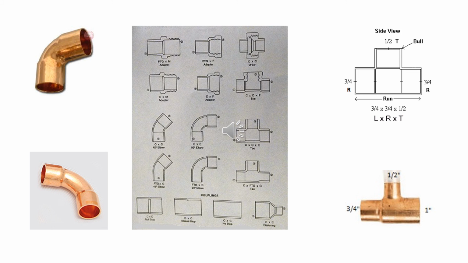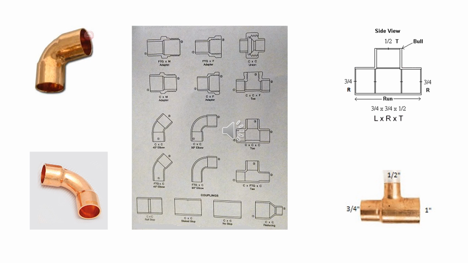If you look at the far upper right picture, you will see a tee. When ordering tees, you must order it in a certain way to ensure you are getting what you want. Tees are generally measured from the run to the bull or branch. The run is the left to right, or the length of the tee.